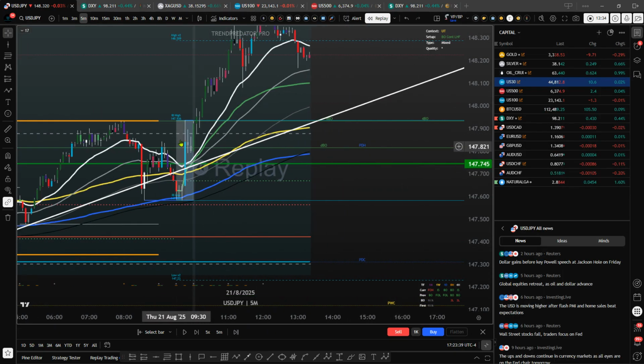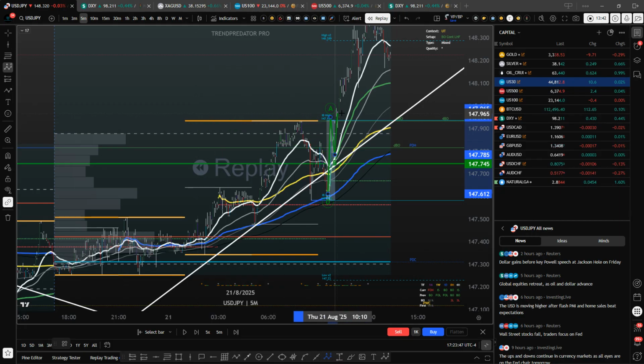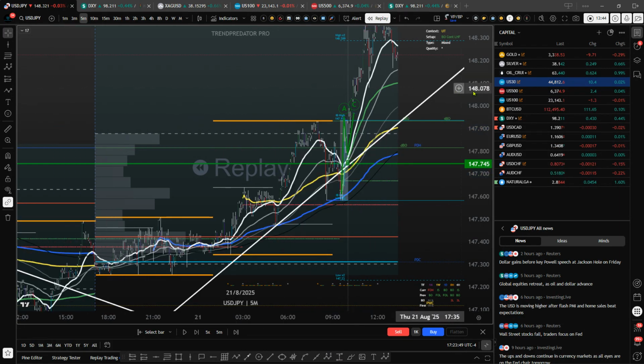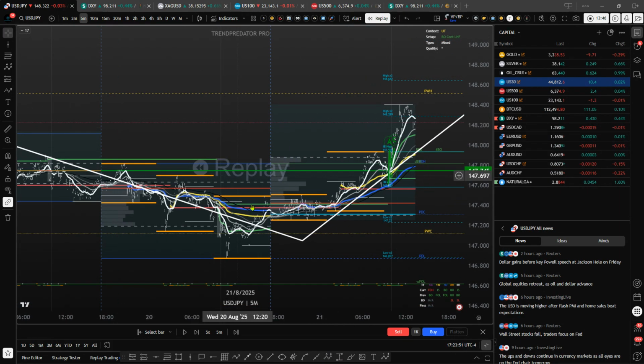You've got some nice consolidation in here. You've got the pump dump, so an ABC breaking out of the 8-hour level in what is a parabolic session trade.